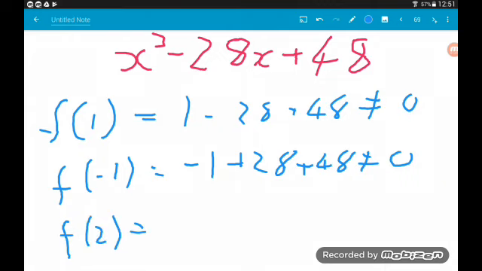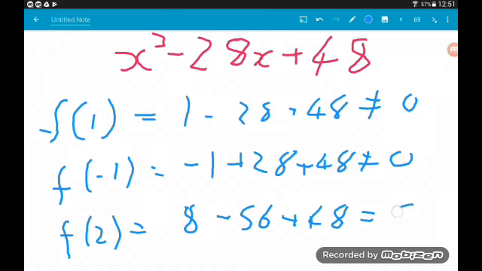So f of 2 is going to give us 2 cubed, which is 8. Minus 28 times 2 is minus 56. And then plus 48. Now, 8 plus 48 is 56. Minus 56 is 0.